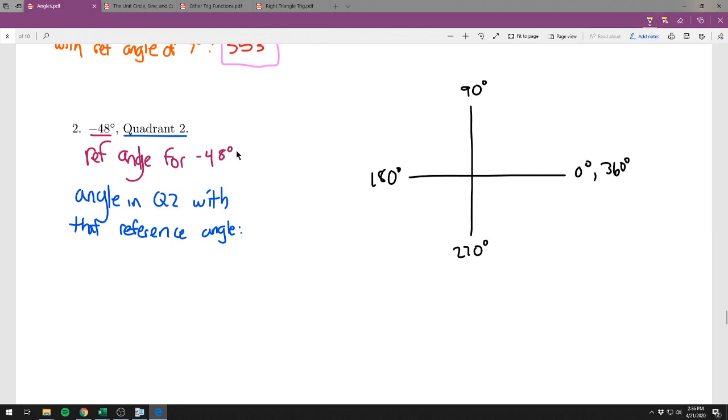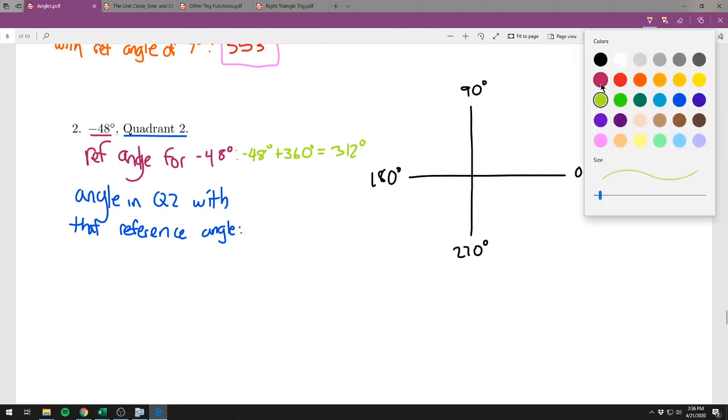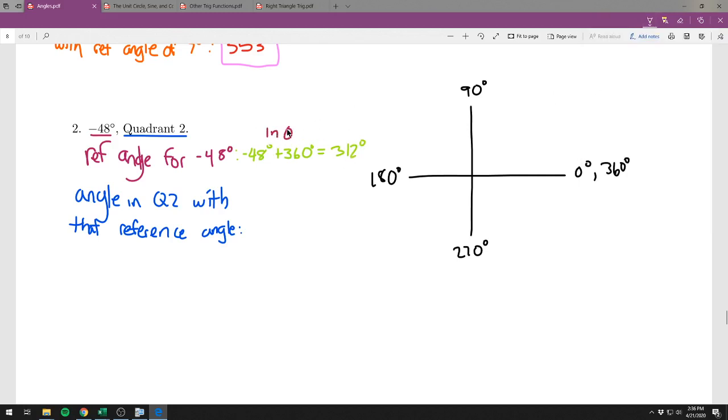And this is not between 0 and 360, so I'm going to add 360 degrees to it to get it between 0 and 360. And 360 minus 48 is 312. So it's in quadrant 4. Our 312 degrees, our initial angle, is in quadrant 4.